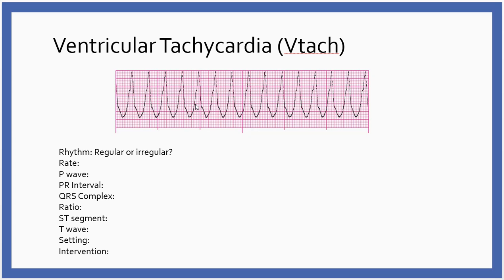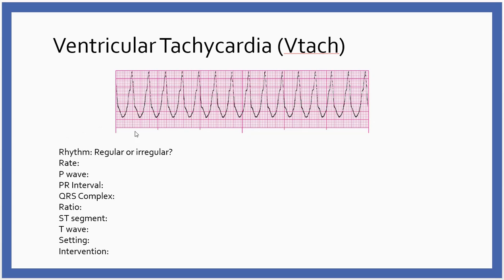So this is my QRS, that's big and wide. This is my T wave of opposite polarity. Big wide QRS, T wave of opposite polarity. So technically speaking, we're looking at a little run. Technically speaking, a bunch of PVCs in a row is VTAC.